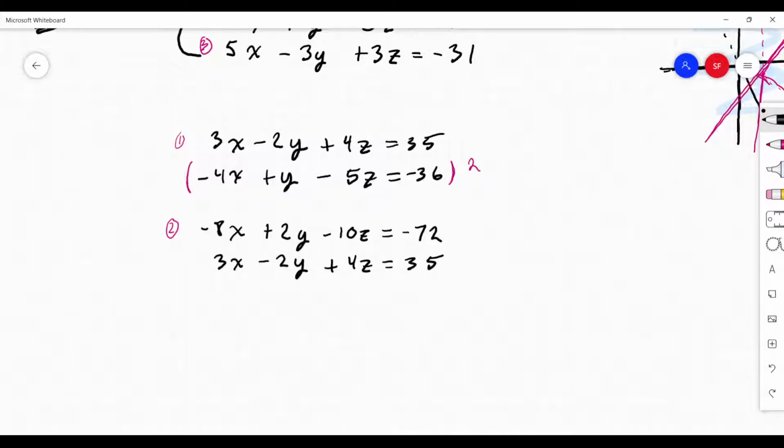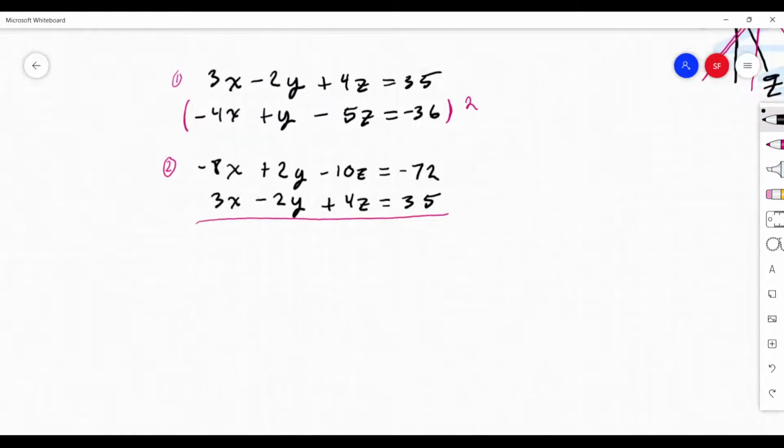Now, just like a 2 by 2 system, when we eliminate, we're going to draw a line, and then we're going to combine the different terms that go together. So let's see, this goes with equation number 1. So I'm going to keep up with what's happening here, right? So negative 8x plus 3x is negative 5x. And then these cancel out, which is good because that's what we want to happen, right?